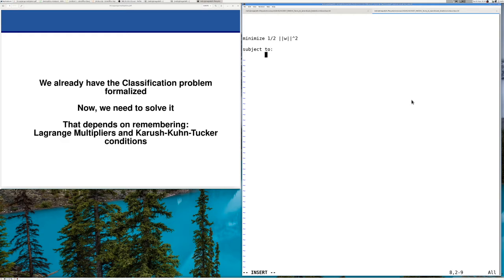Subject to yi, which is a class label, times the dot product of my w vector by some input xi plus some b must be greater or equal to 1. This is my optimization problem.